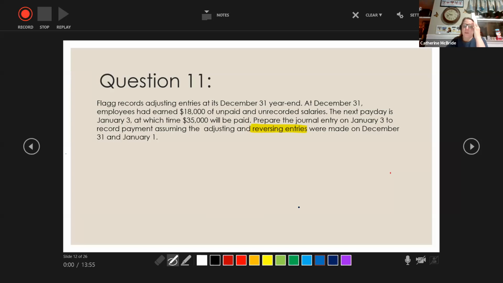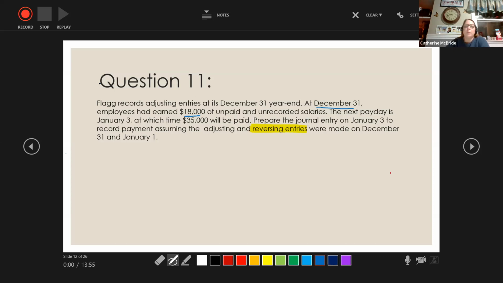I'm going to show you how to do this, but I'm going to give you credit for it. This is really the way the real world works. So we do what's called reversing entries. Flag records adjusting entries at December 31st. At December 31st, employees had earned $18,000 of unpaid and unrecorded salaries.